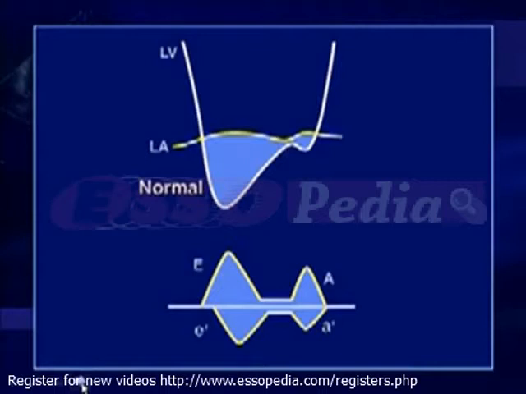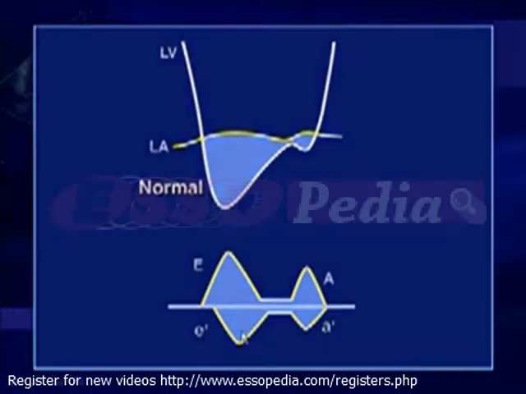So now, with impaired LV relaxation, not only do we see the expected conformational change in the mitral inflow velocity pattern, but too, the E' velocity decreases, as we see here.